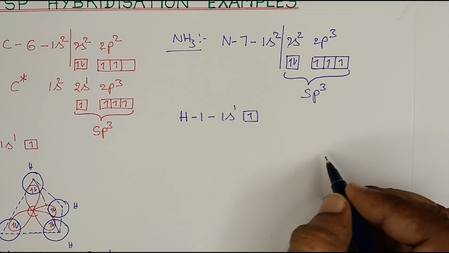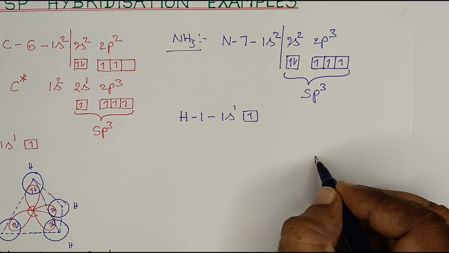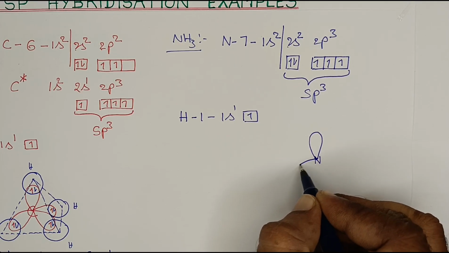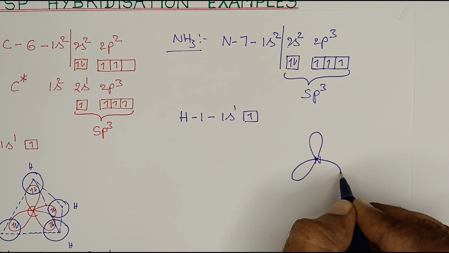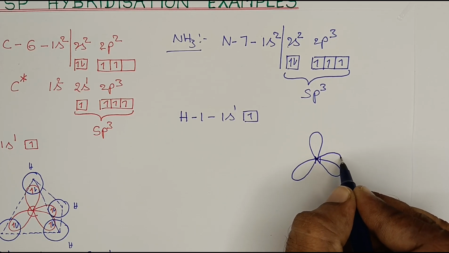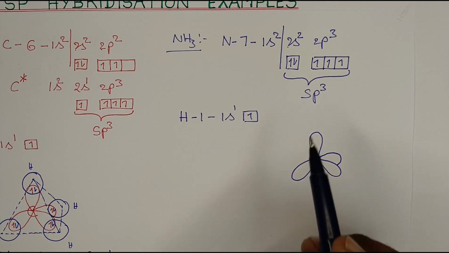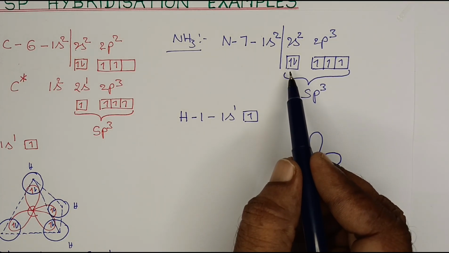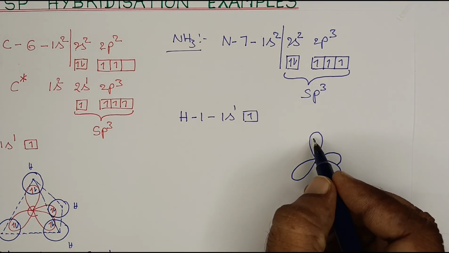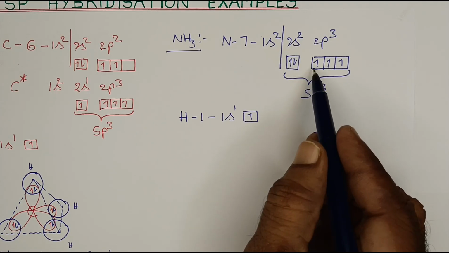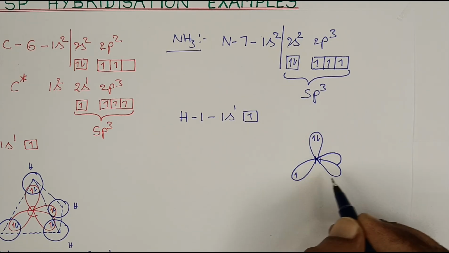So hybridization occurs in the nitrogen atom: sp3 hybridization, giving 1, 2, 3, 4. Out of these 4 hybrid orbitals, one orbital contains a lone pair, that means 2 electrons, and the other 3 orbitals contain one unpaired electron each.